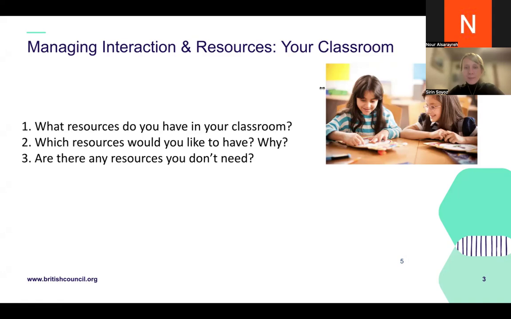Yes, please. Yes, so the resources that we have in our class: desk, whiteboard, markers, maybe flashcards. As in our course book, they give us flashcards, and wall charts sometimes come with the course book. Which resources would you like to have?